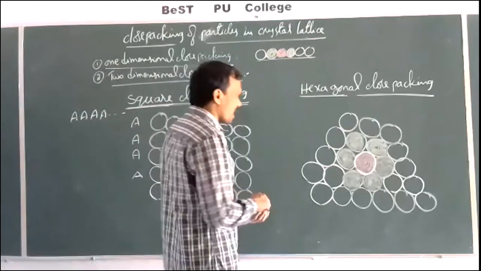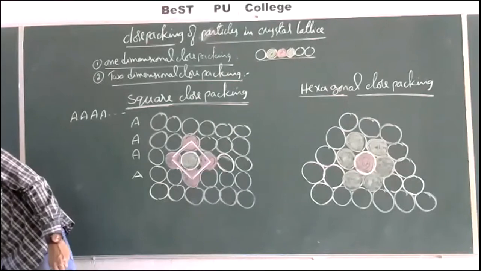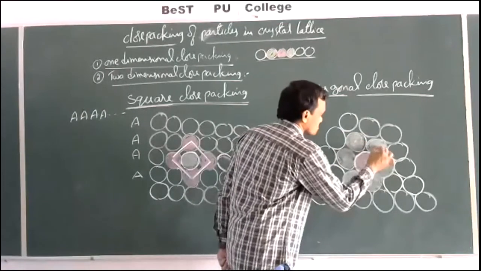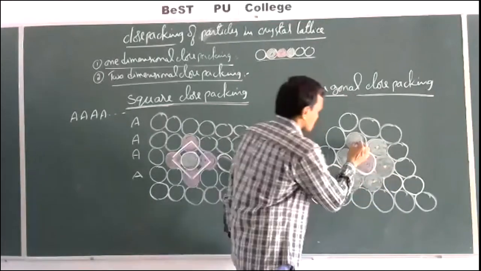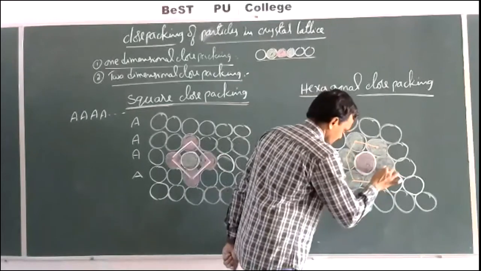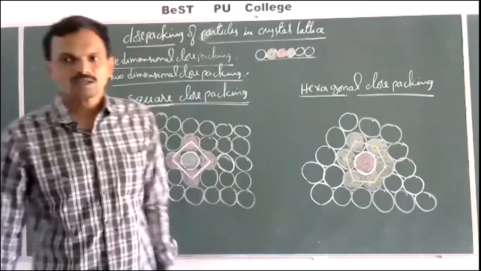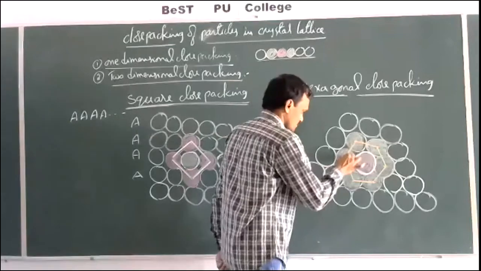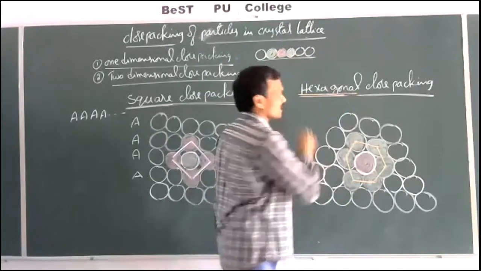Now, if we join the centers of these spheres 1, 2, 3, 4, 5 and 6, what shape do we get here? Here we got the shape of a hexagon, approximately. So that's why this is called hexagonal close packing.